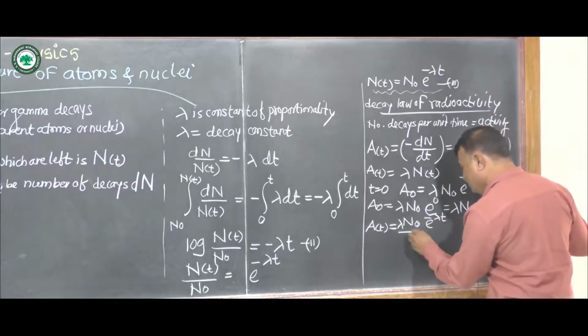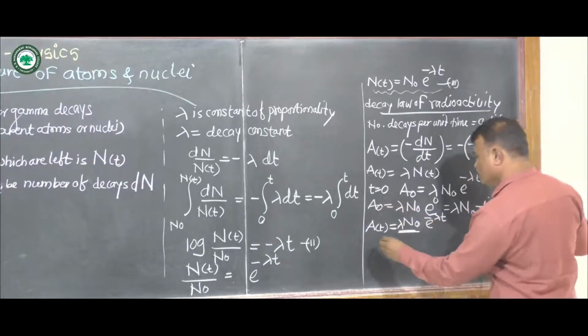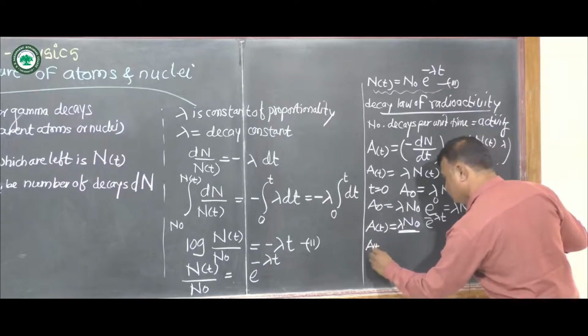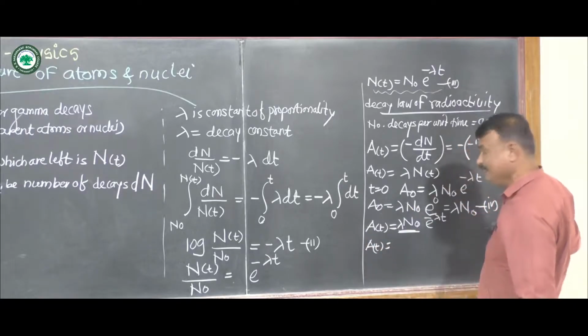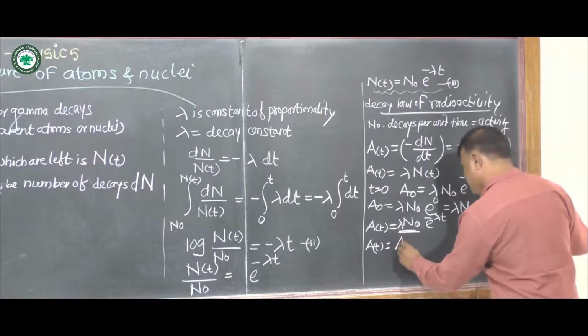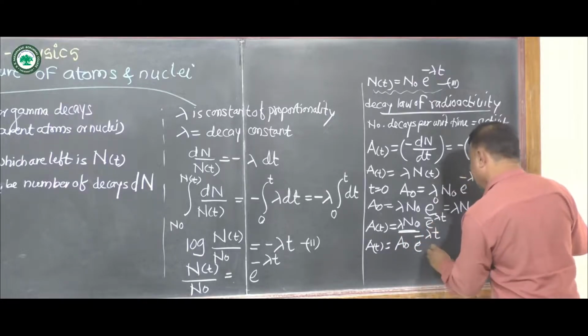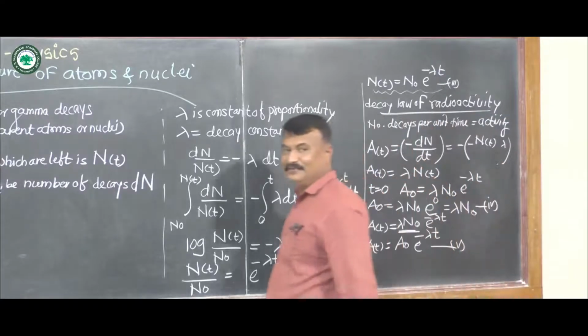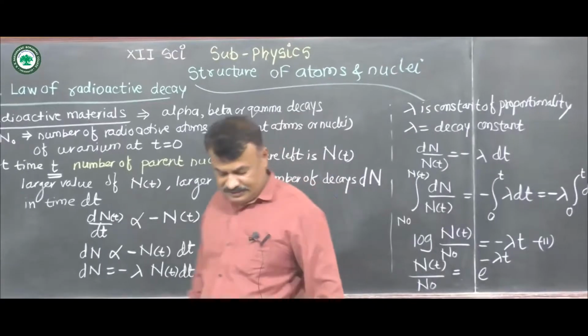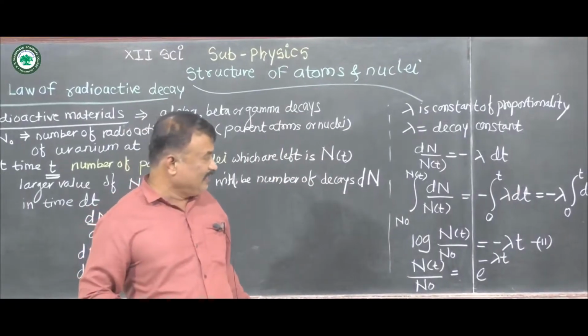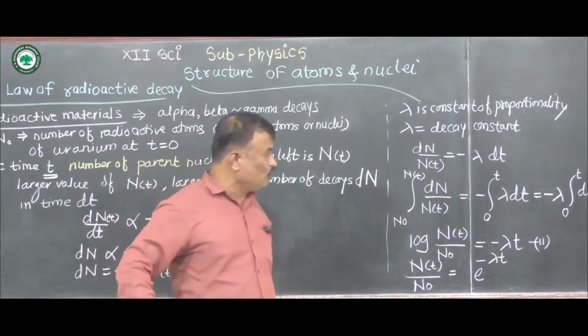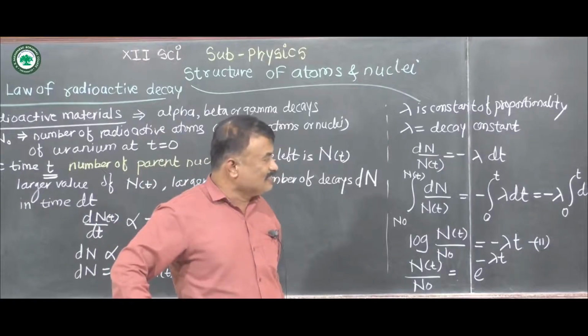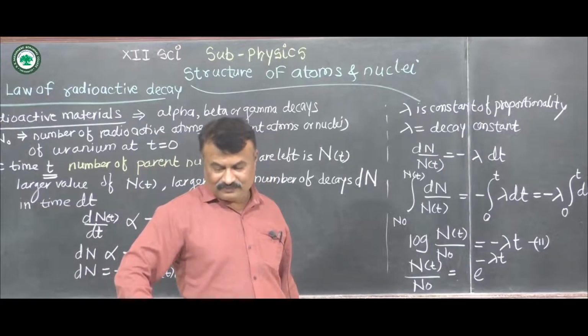So this lambda into N0 will become A0. So we get At, the activity at time t, is A0 into e raised to minus lambda into t, equation 5. So this is the activity. In this way we get activity At is equal to A0 into e raised to minus lambda t.